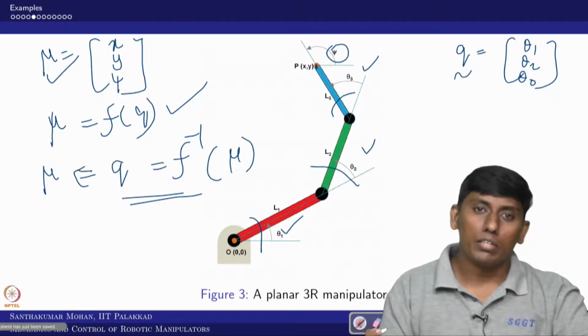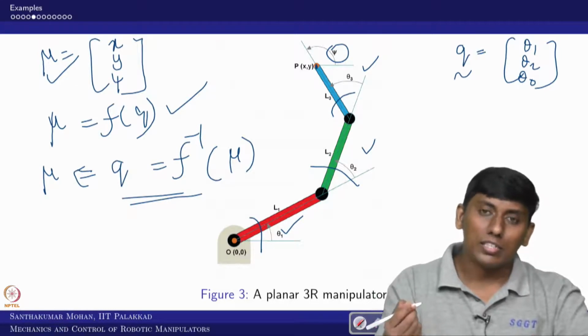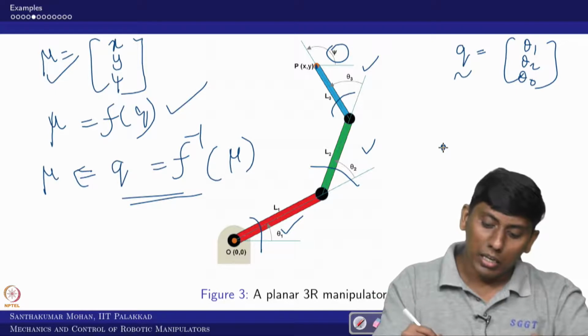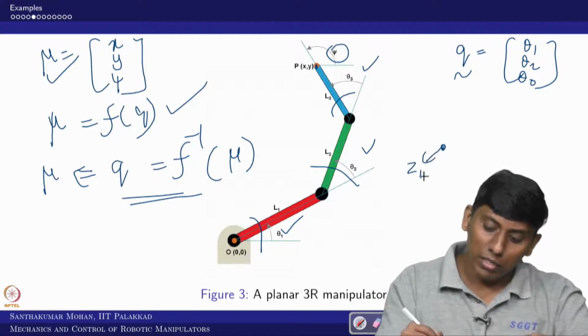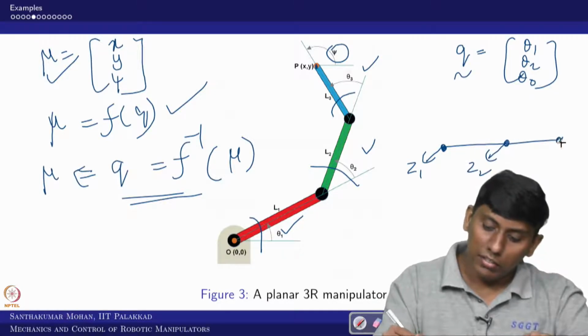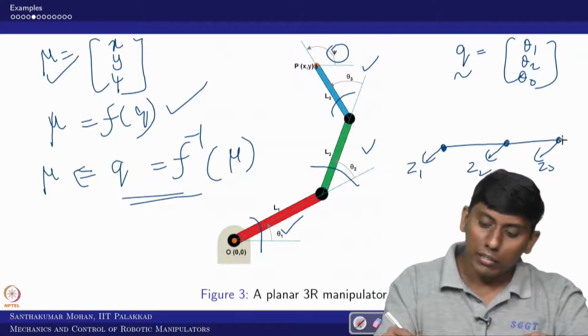For that, what is the first thing one is supposed to do? We have to fix the frame arrangement. Since it is planar, you can start with Z1. You can do it either way. So I can say this is Z2 and this is Z3. Then I can even extend that and put Z4.